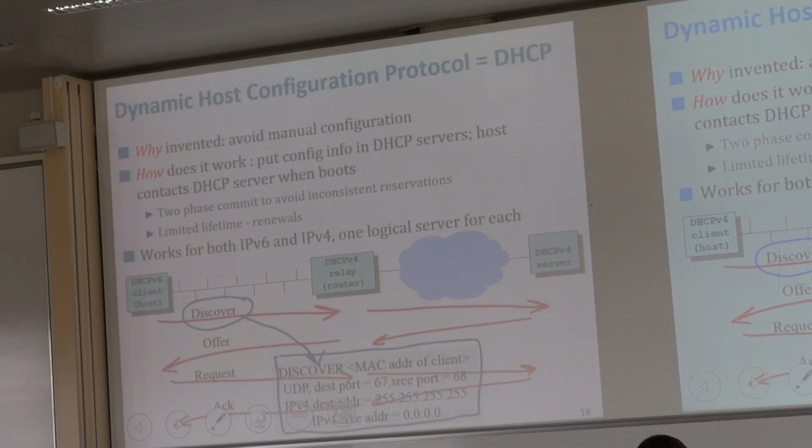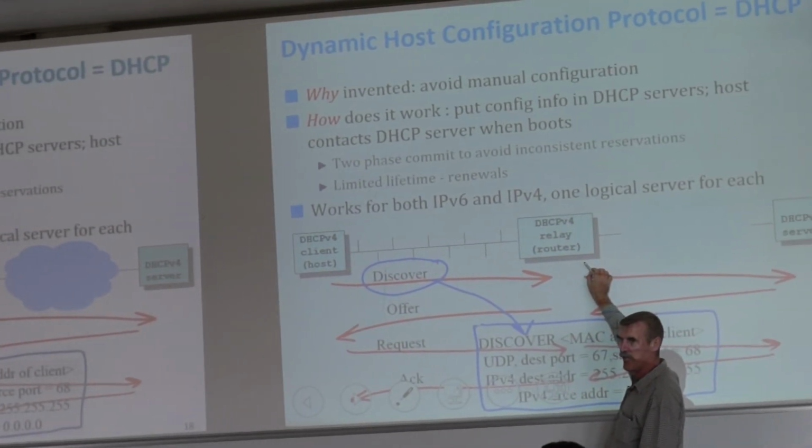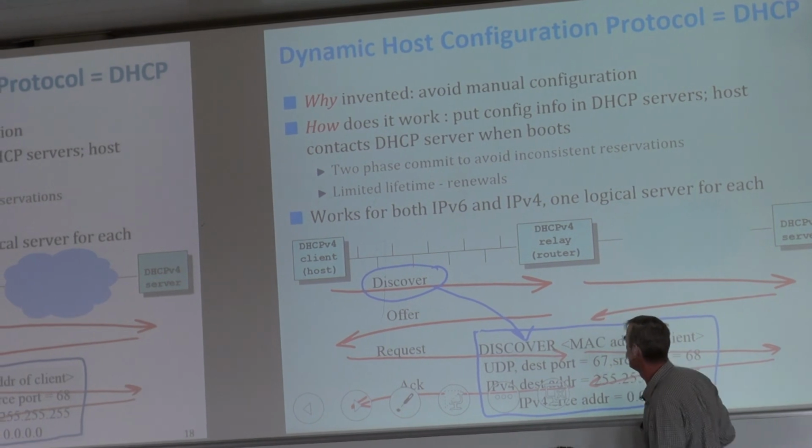Here I'm making the difference between a physical box and a function. There's a function called DHCP server, which we can view as a host, an application layer program, and a DHCP relay that is sitting in the router. If you talk to most people, they will say that's part of the router function. But at least to understand things at the beginning, it's better to differentiate functions, even if they are in the same machine.